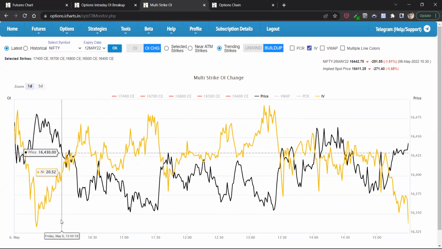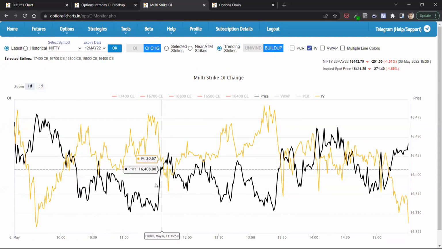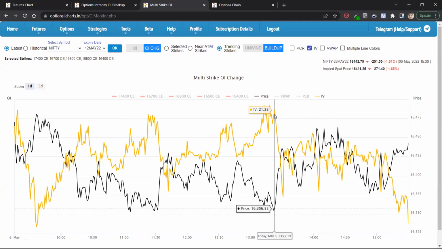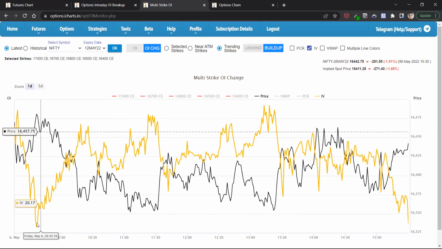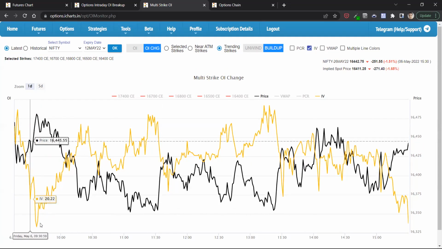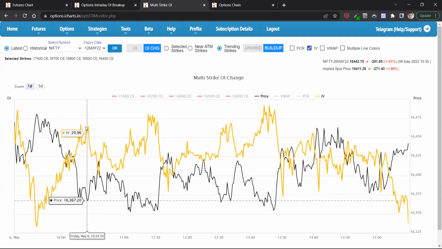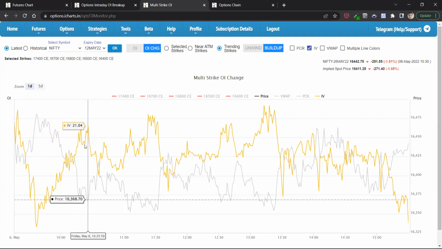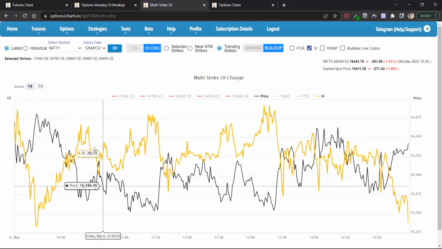This is useful to quickly see, because people enter on IV spikes. Whenever there is a big change in IV, they quickly want to enter a short trade. So this could be useful. You see IV has gone down in the morning, and then you suddenly get this spike over here. People like to sell straddles or options here, because then there is a little bit of advantage.